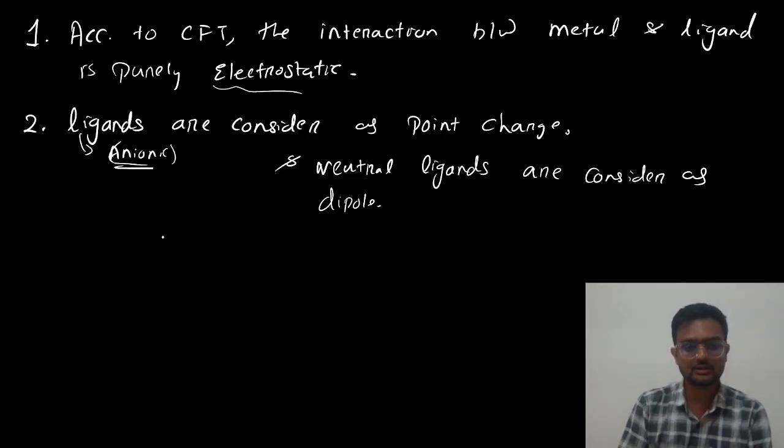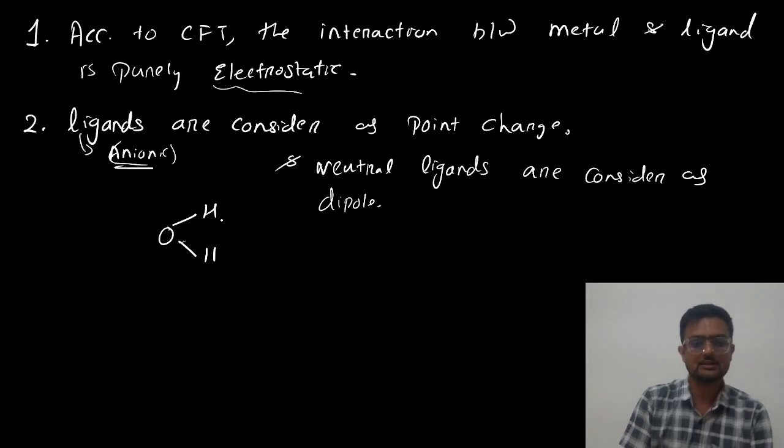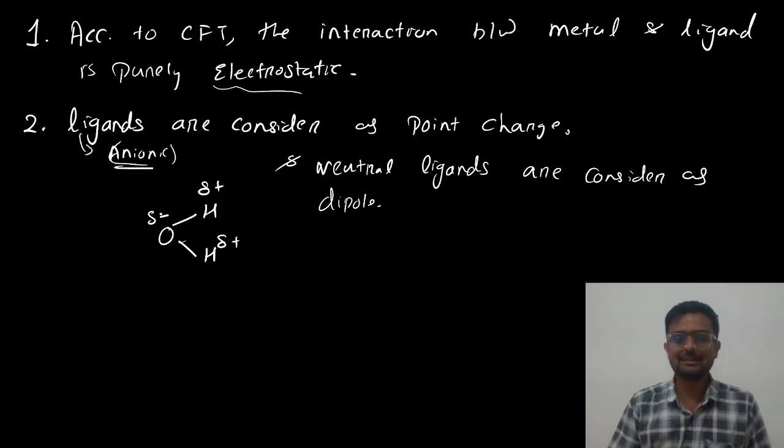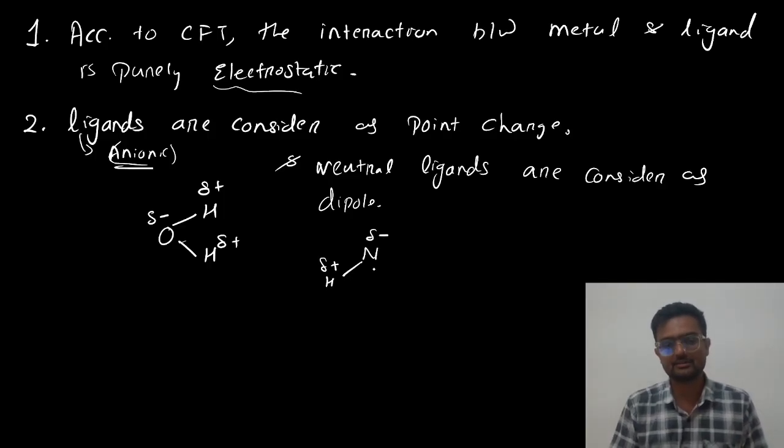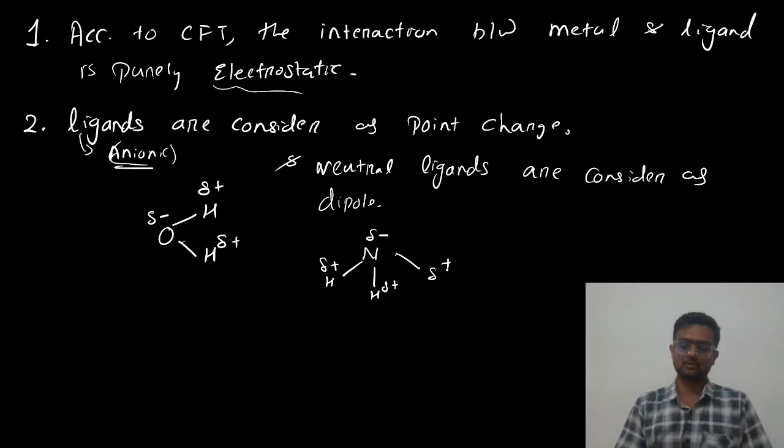If I talk about water, it is something like this, OHH. We'll consider this end delta positive, and this end delta negative. Take ammonia: nitrogen will have delta negative and the 3 hydrogens will have delta positive. So for neutral ligands, we consider this as a dipole, right?